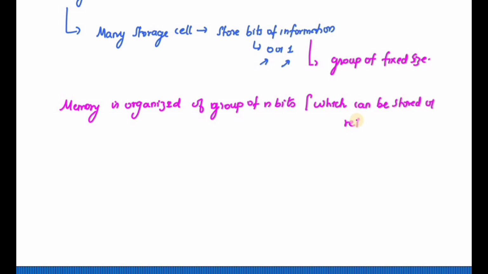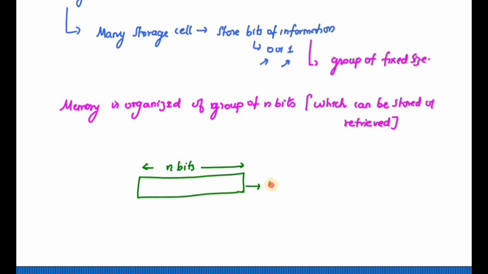Retrieved means we can take the data from the memory. So let me take this as n bits of data. This is my first group, and the entire thing is nothing but your memory.